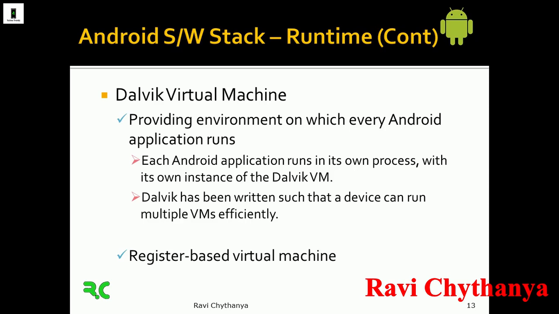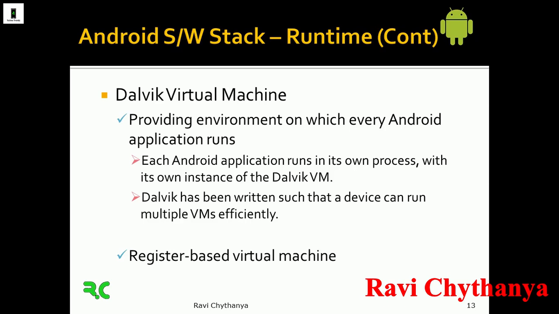The Dalvik virtual machine provides the environment on which every Android application runs. Whether you are using Next Player, WhatsApp, or whatever application on your mobile phone, all of them run on the Dalvik virtual machine. Each Android application runs in its own process with its own instance of the Dalvik virtual machine.